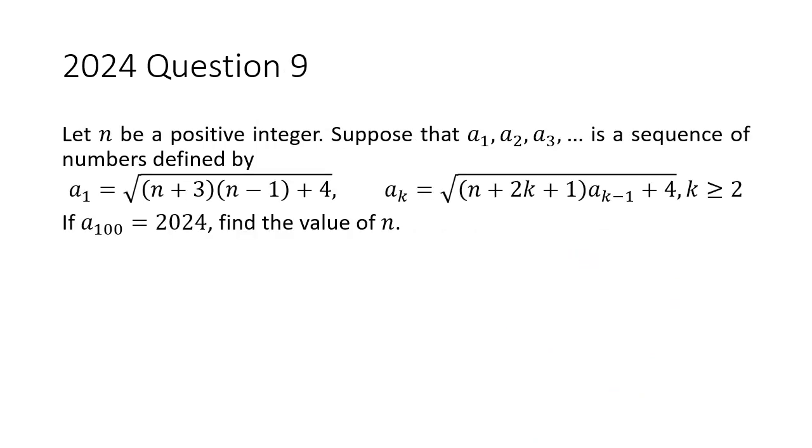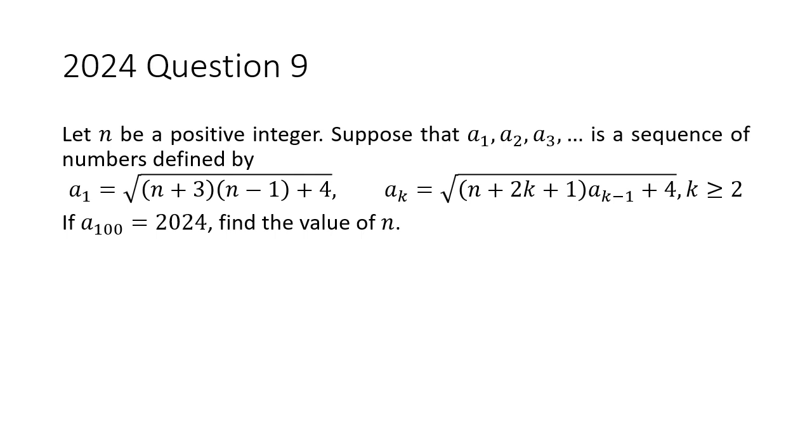Now, question 9 looks pretty daunting, but trust me, it's actually quite easy. So let me go through it with you. Let n be a positive integer. Suppose that a1, a2, a3, and so on is a sequence of numbers defined such that a1 is equal to the square root of (n plus 3) times (n minus 1) plus 4.